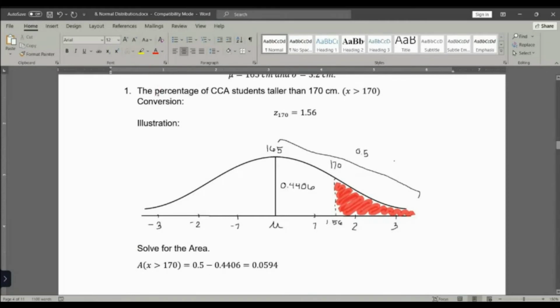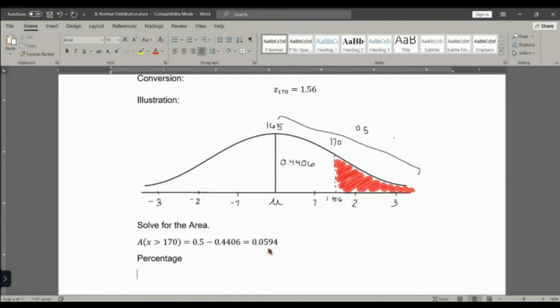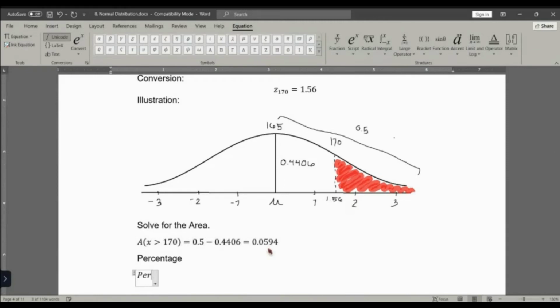And then, we are not up to the area kasi, no? We are up to the percentage. So we'll be converting this into percentage. How is it? Just multiply. Okay, multiply lang natin ng 100% yung ating area.